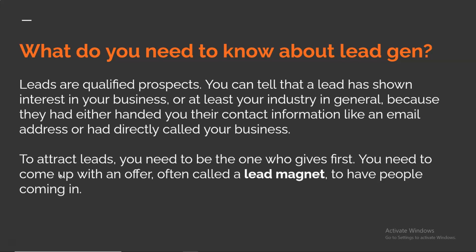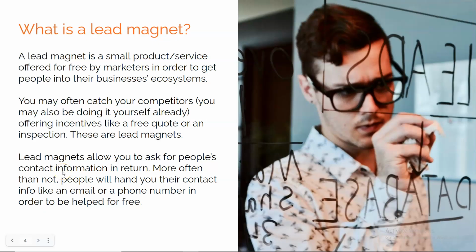To attract leads, you need to be the one who gives first, right? You need to attract people by giving them something that they want. So you need to come up with an offer, often called a lead magnet in the marketing world, to have people coming in. So what is a lead magnet?